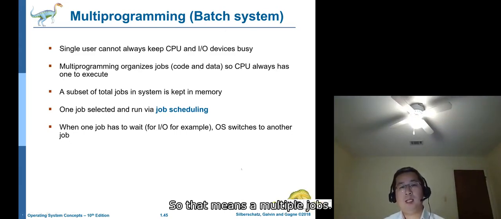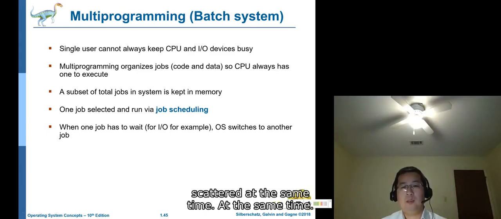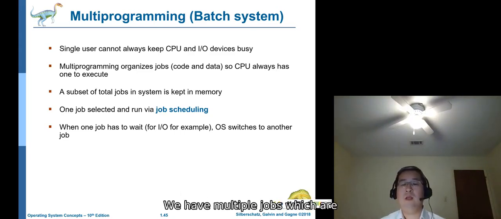So that means multiple jobs can be scheduled at the same time. At the same time here means within a time range, we have multiple jobs. Not only one job is in this system. We have multiple jobs which are running.